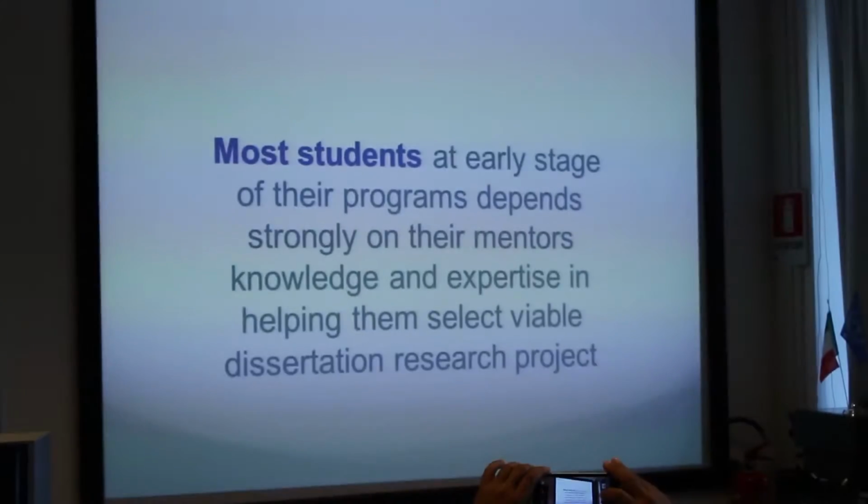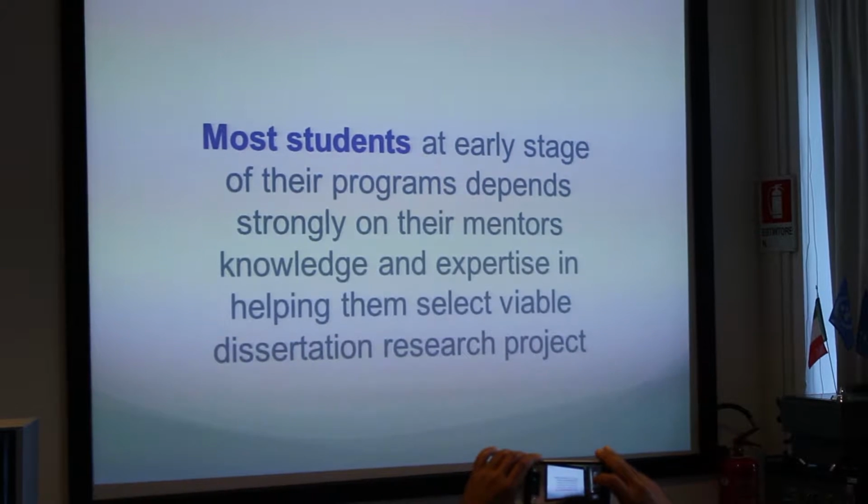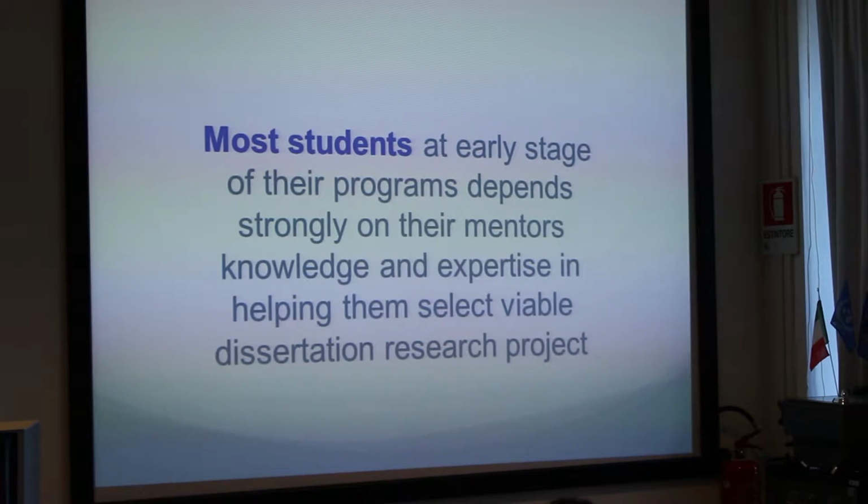Most students at early stages of their program depend strongly on their mentor's knowledge and expertise in helping them. Just to help, not to force him to follow some specialty or to be a specialist in a certain aspect of science.